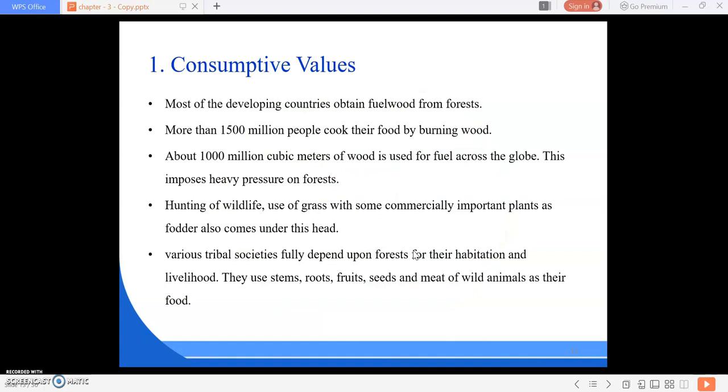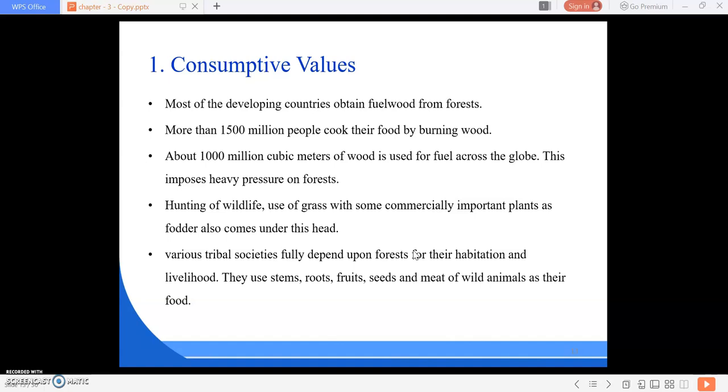First we are going to study the consumptive values. Most developing countries obtain fuel wood from forests. Still more than 1500 million people cook their food by burning wood, and about 1,000 million cubic meters of wood is used for fuel across the globe.